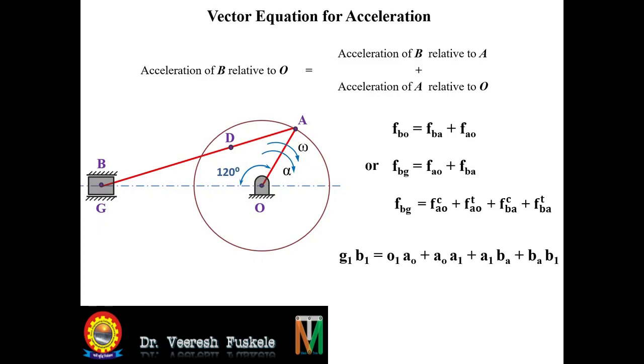Similarly, A1BA will be representing the centripetal component of B relative to A, and BAB1 will be representing the tangential component of acceleration of B relative to A. In total, these two will be representing A1B1, that is the total acceleration of B relative to A.